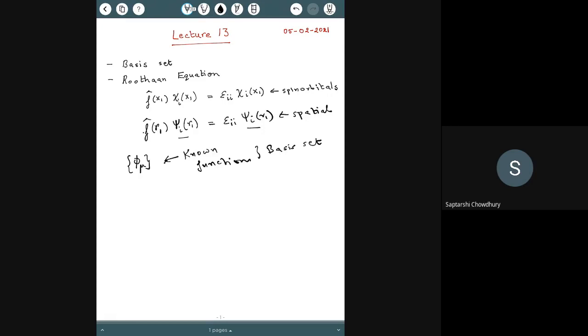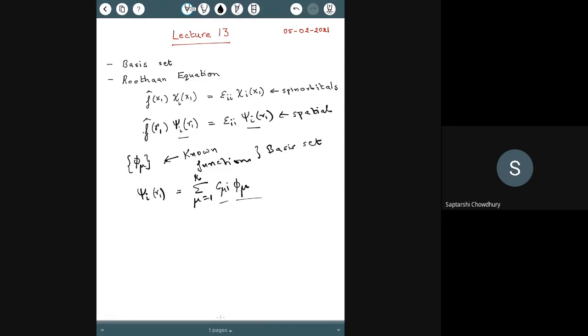For now, let's just assume that we have a set of known functions, and I write the spatial part of my molecular orbital, which are the solutions to the Hartree-Fock equation, as a linear combination of these functions. So the phi mu's are known and the c mu i's are unknown.